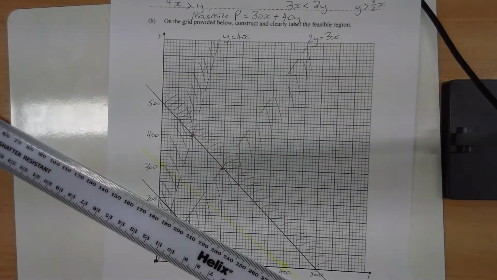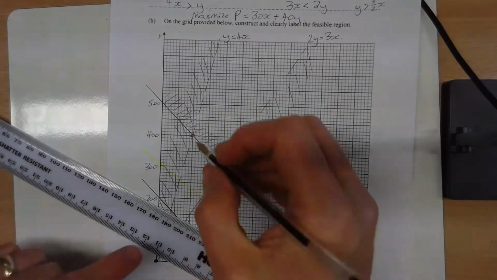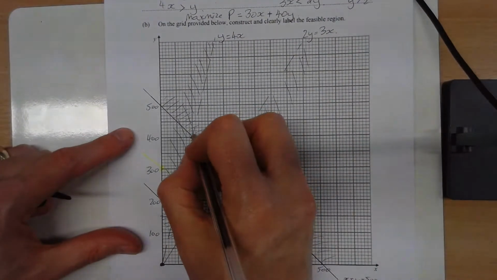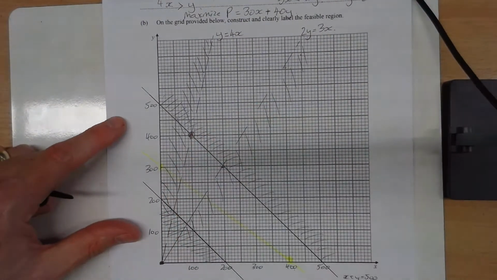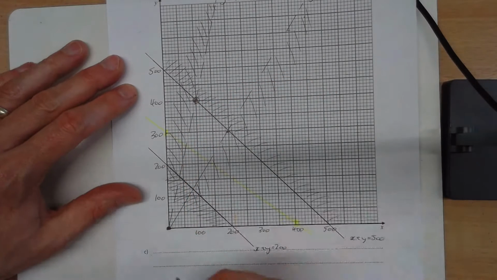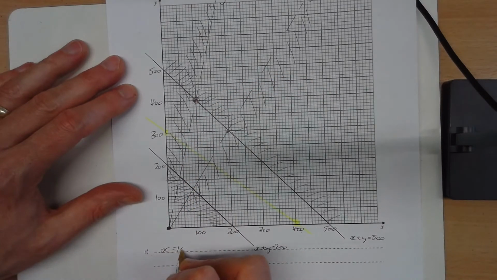So we could try each of these corners and see what happened. But it looks to me like this point here is going to be the most profitable. We'll try and see if that works. So that value there looks to be x is 100 and y is 400.